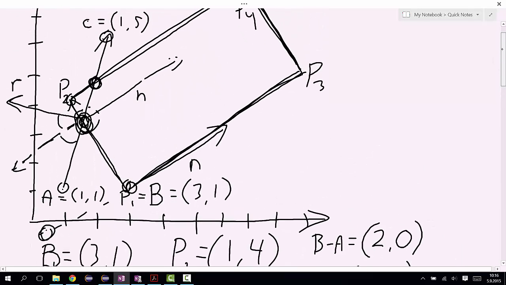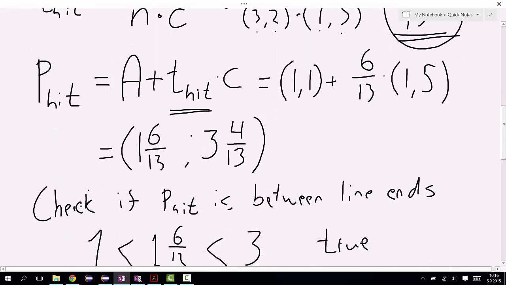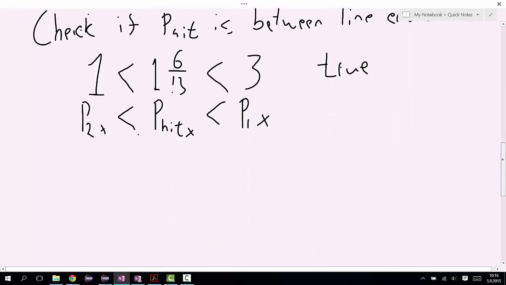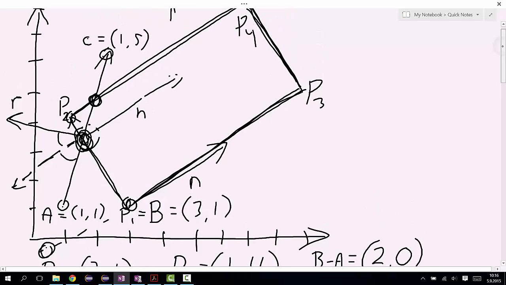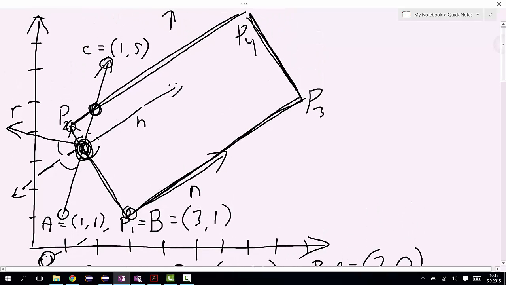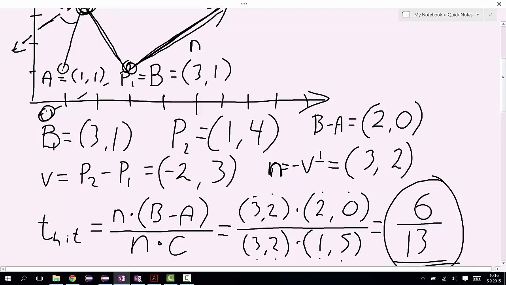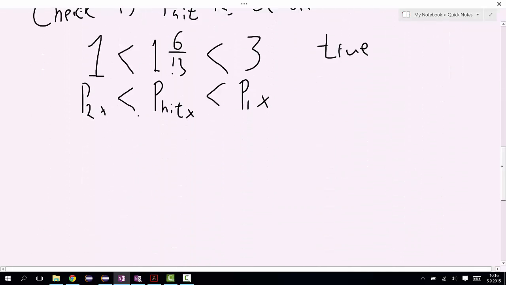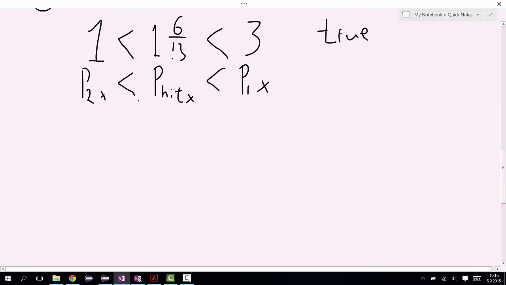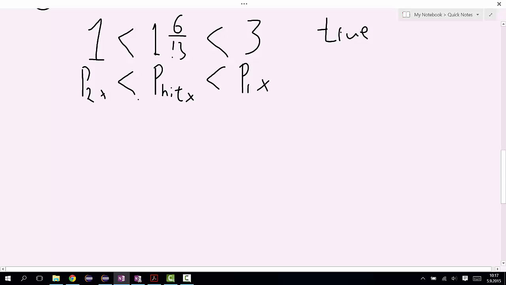All right. So we have a formula for this. So right now we found the point where we hit, and it doesn't really matter where that is for the reflected direction. The only thing that matters is the normal that we have, normal n. So our normal n is 3,2. However, we are going to have to normalize that or divide by its length. So the formula that we have here for the reflected direction looks like this.